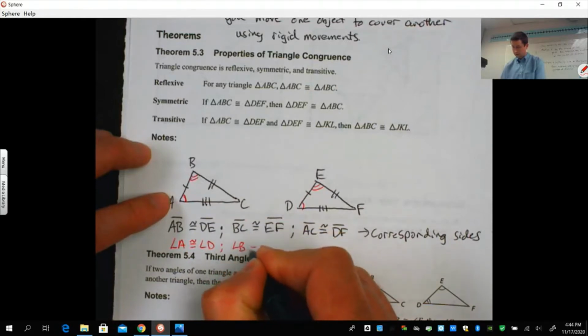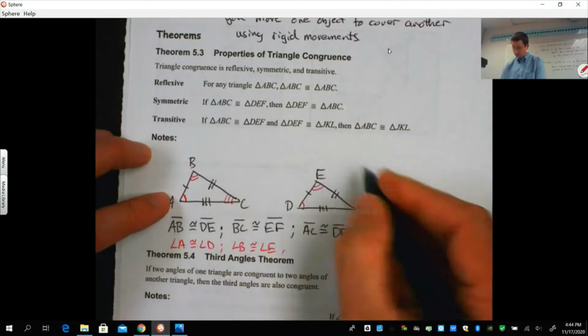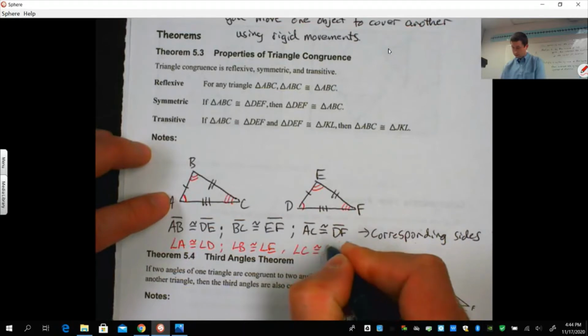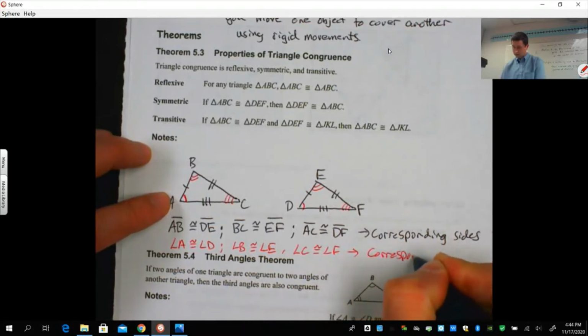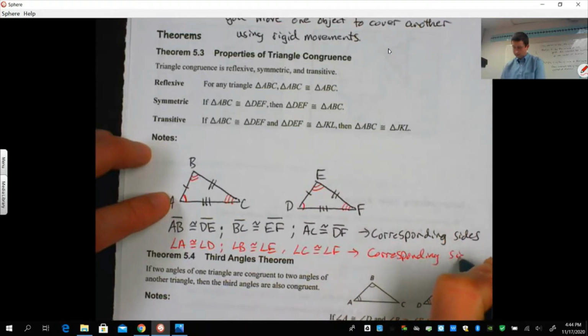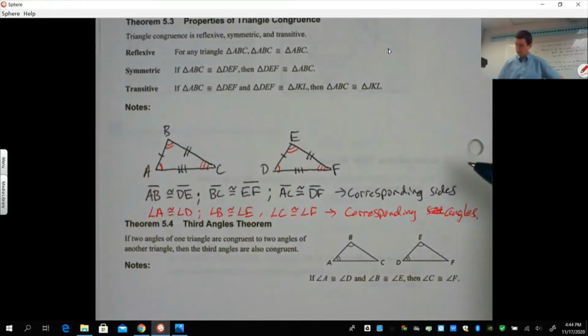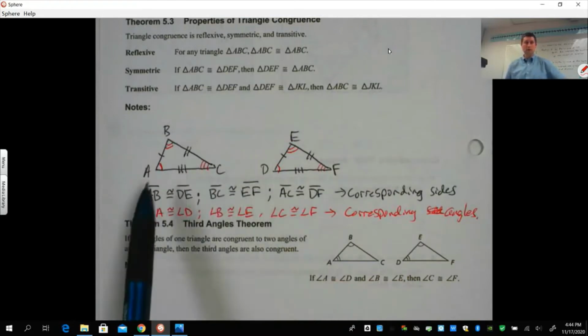And the final one, you notice I'm using different arc lengths here: angle C is congruent to angle F. So these are our corresponding angles. That's how you label all your corresponding parts.